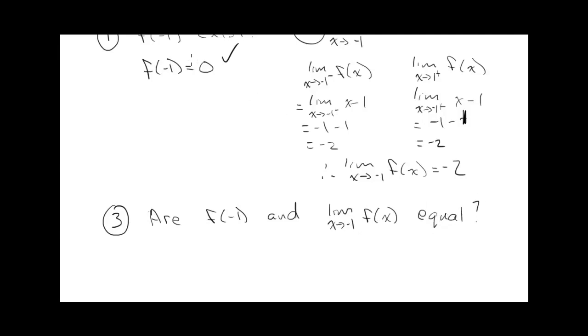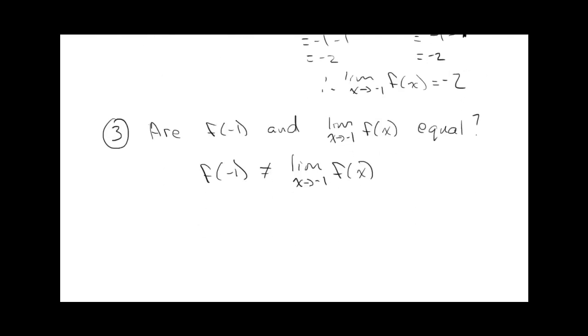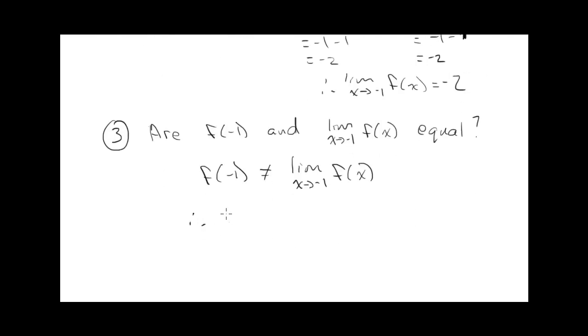And the answer would be no, right? 0 and -2 are not equal. f at -1 does not equal the limit as x goes to -1. Therefore, f at x is not continuous at x equals -1. Okay, so not continuous.